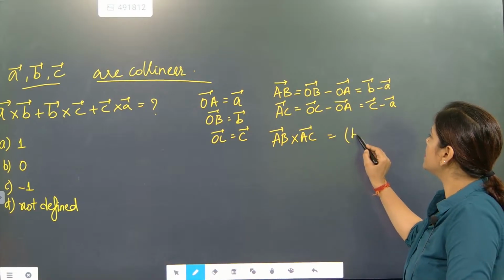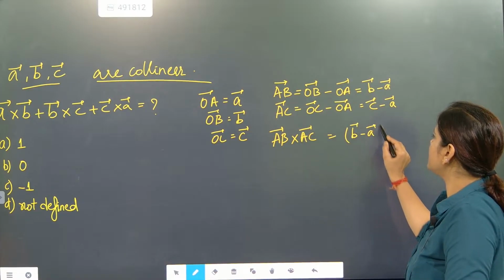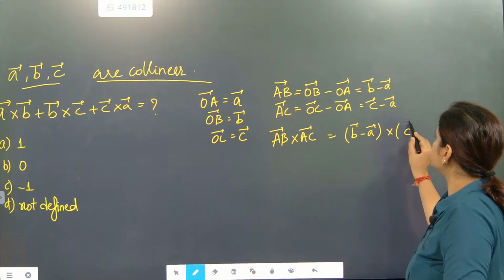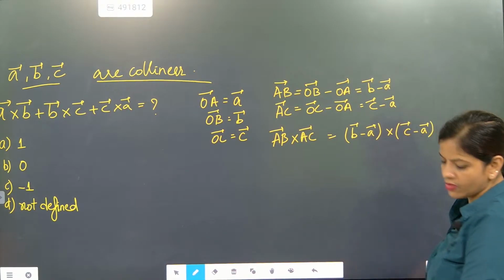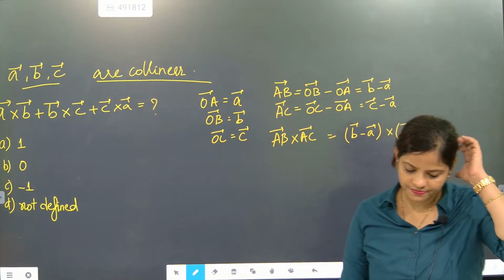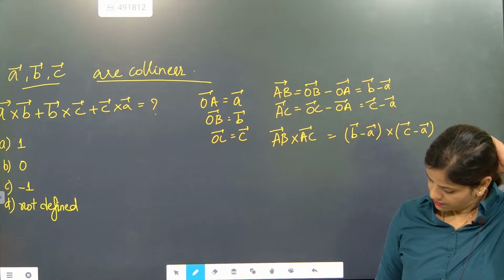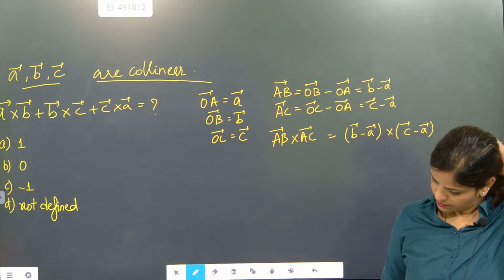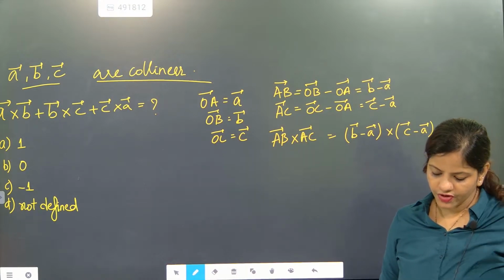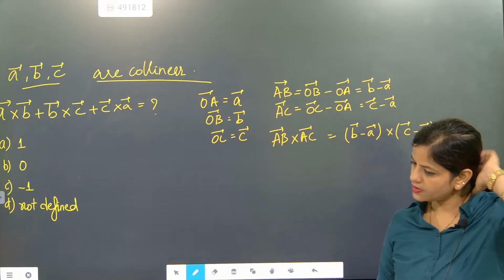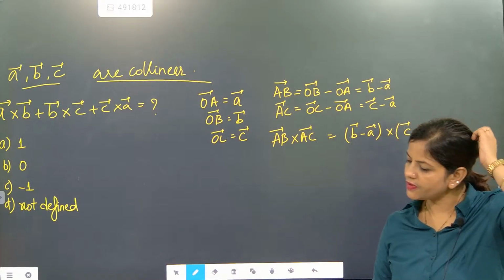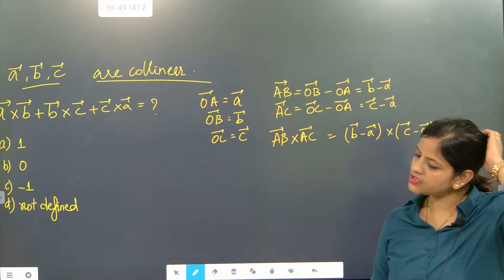So the first work is we will find this. It will become B vector minus A vector cross product C vector minus A vector. Come on, go for it. First we are going to distribute this part.